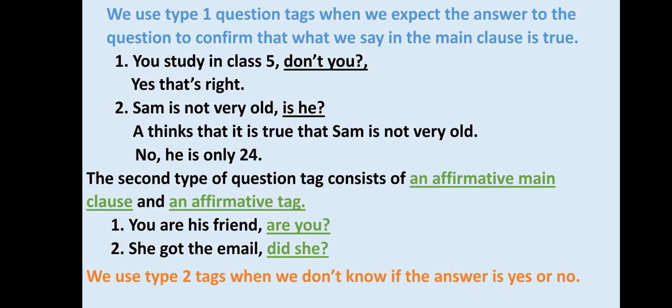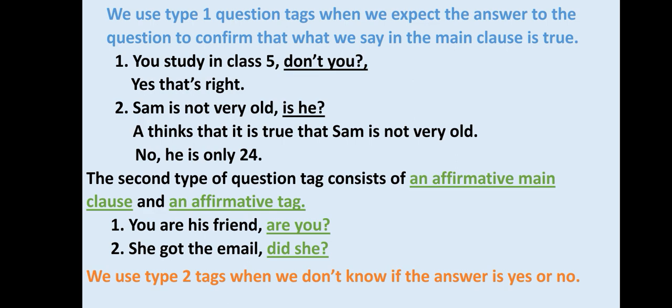In that case, we use an affirmative tag for a negative main clause and a negative tag for an affirmative main clause. See, for example, you study in class 5, don't you? Here the speaker already knows that the person studies in class 5. Only he wants to confirm the same. See, number two example. Sam is not very old, is he? Here the speaker already knows that Sam is not very old. Only he wants to confirm the same.